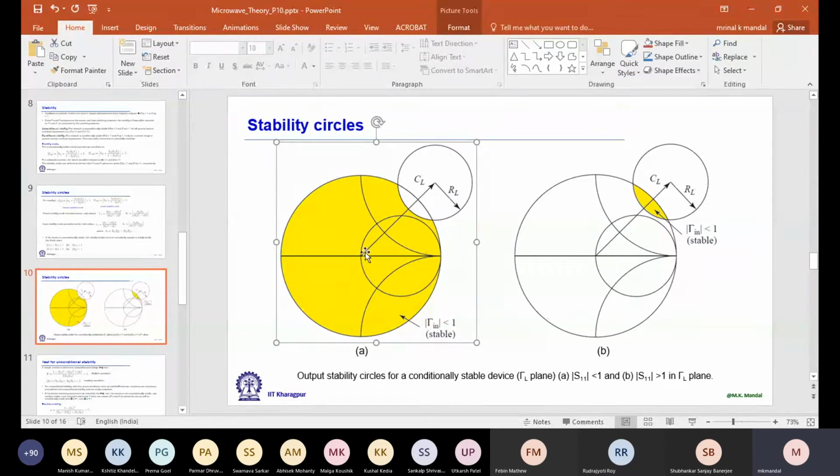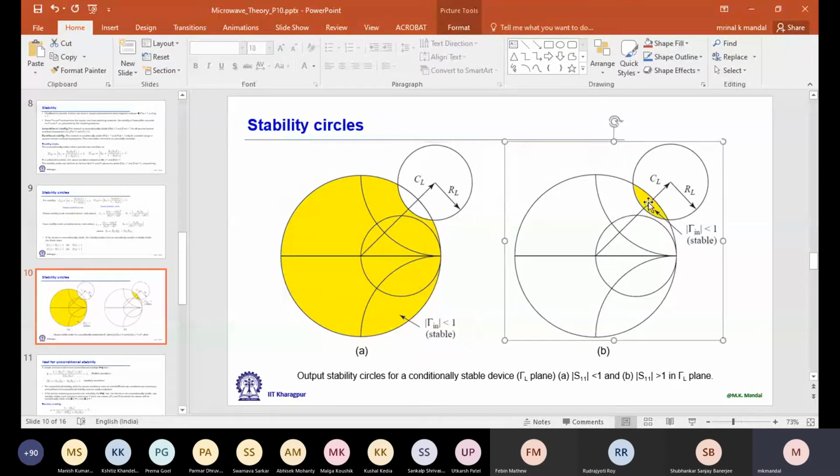If it is less than 1, then the solution should be this part, because this point is a part of the solution. And if S11 is more than 1, then this part cannot be a solution for stability.